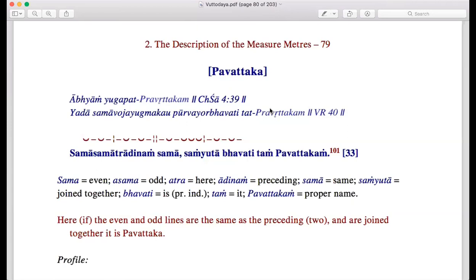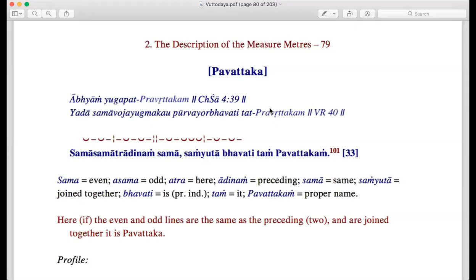But according to grammar, sama means the odd and even lines of the previous verse are sama. They become equal here also, in the sense of samahutva, being equal.